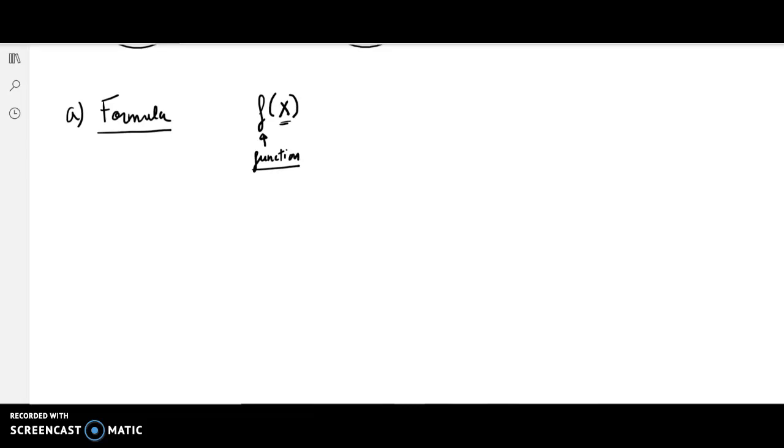Well, this letter means that in this formula that I'm going to write here, the variable that is going to appear is the x. So for example, I'm going to write 2x plus 3. This is a formula, and in this formula, we have one letter, the x.